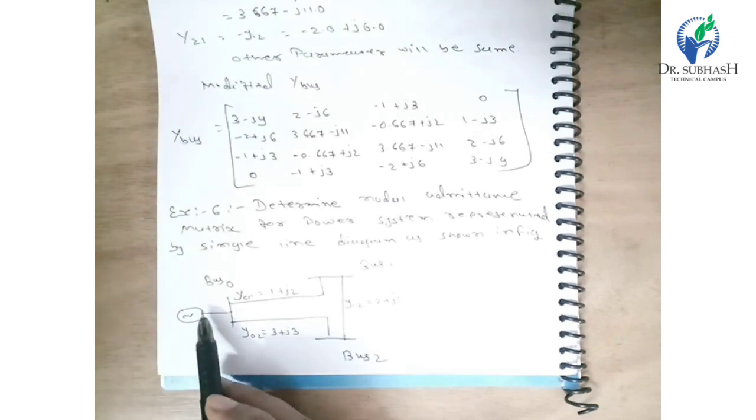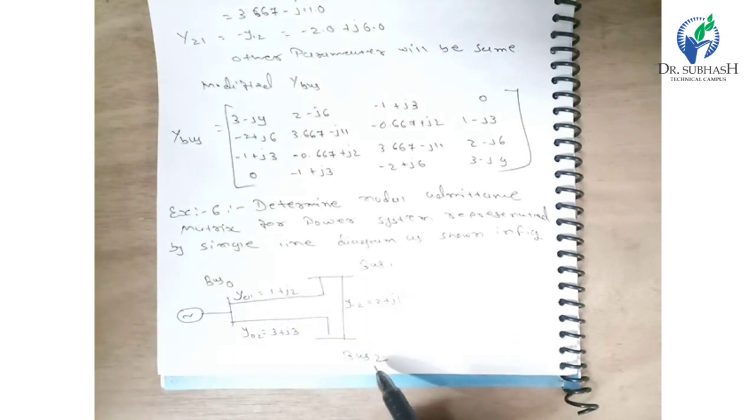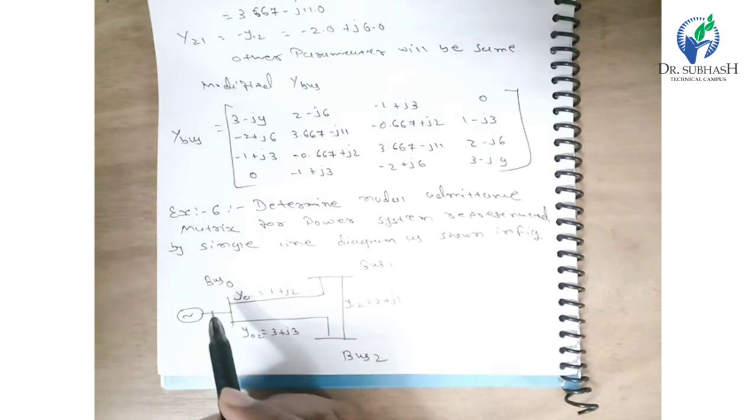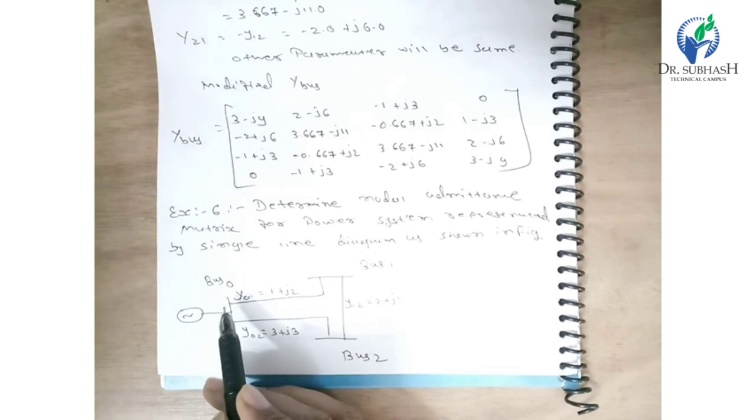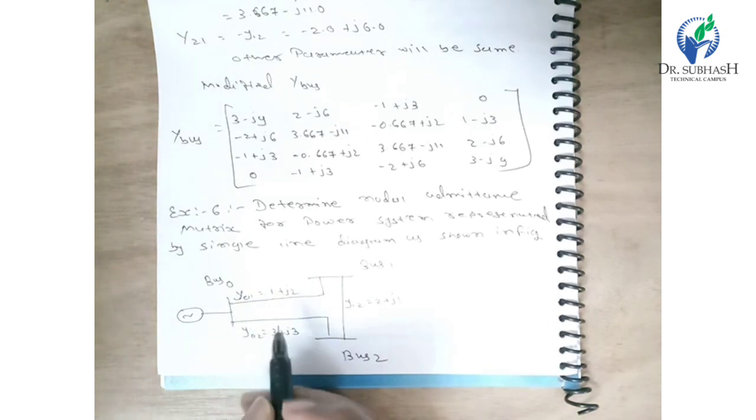Here bus 0, bus 1 and bus 2 are connected between them. The value between bus 0 and bus 1 is small y01 equal to 1 plus j2.